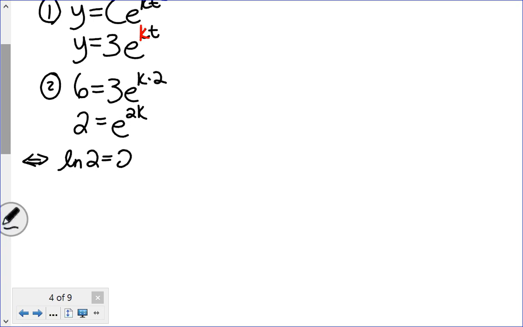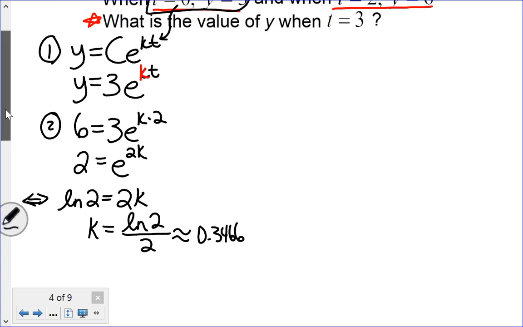The answer to a log is the exponent, if that helps you get that in the right spot. So once I know that, I can solve for k by simply dividing by 2. So ln of 2 divided by 2, put that in the calculator, and you're going to get about 0.3466.